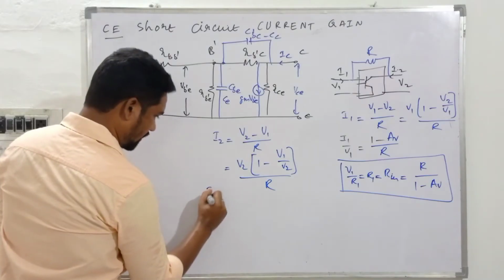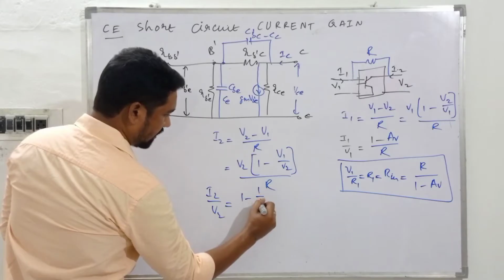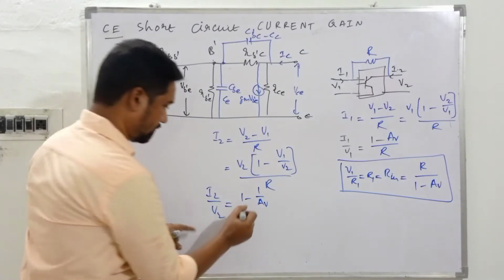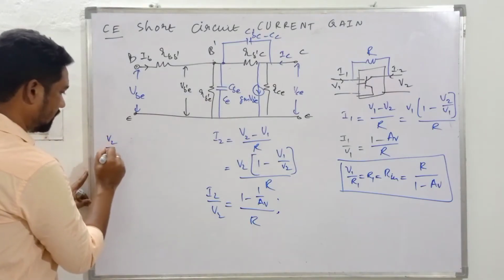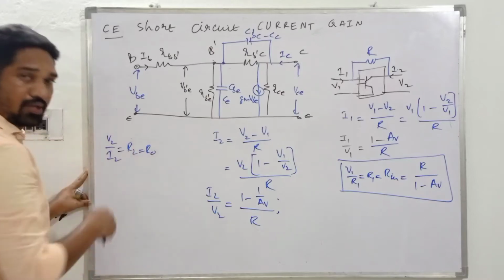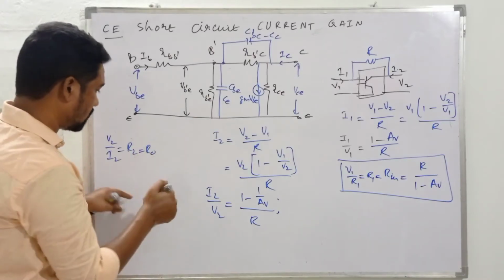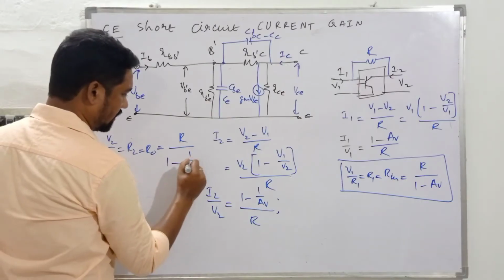So that ratio I2 by V2 will be equal to (1 minus 1 by AV) by R. This is the reciprocal, right? We are in search of V2 by I2, which is equal to R2, or R0, supposing it is the resistance that has to be placed at the output, given by R by (1 minus 1 by AV).